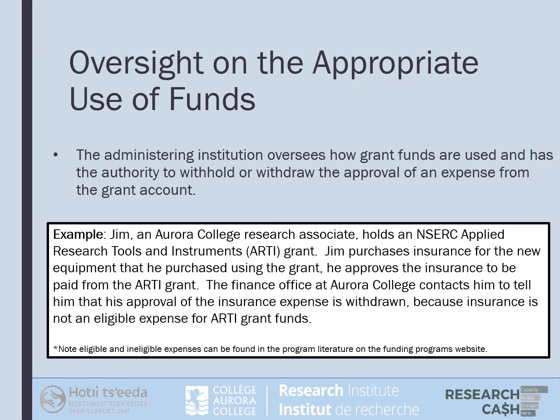Unfortunately, he purchases insurance, but insurance is not covered, so the expense is withdrawn by the finance department, as it's their responsibility to make sure that even if Jim is mistaken in his understanding of the application of the policy, finance functions as the kill switch to make sure that the grant funds don't actually get spent on ineligible expenditures.